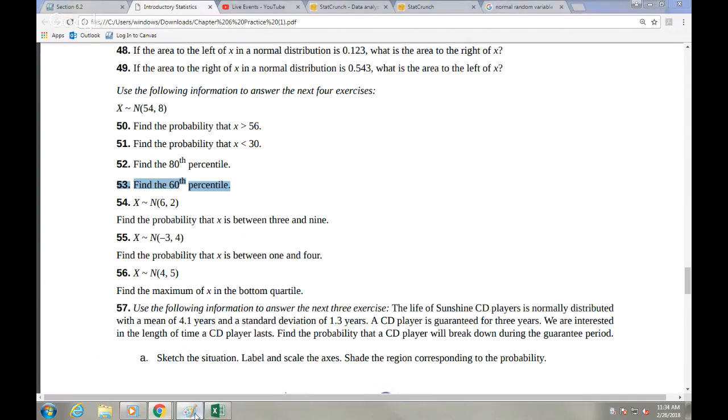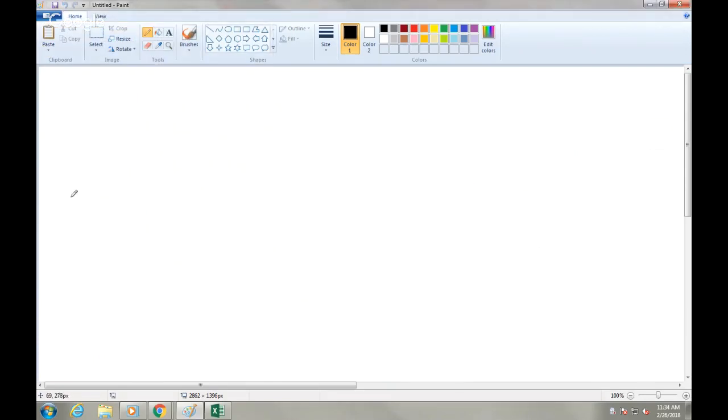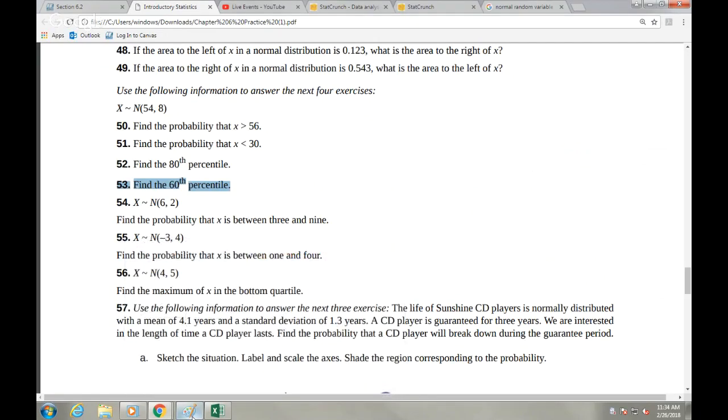So I've got the same distribution. Normal distribution, mean at around 54. But what I want is the 60th percentile.